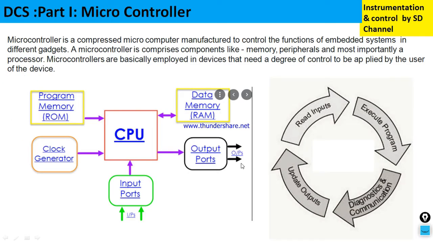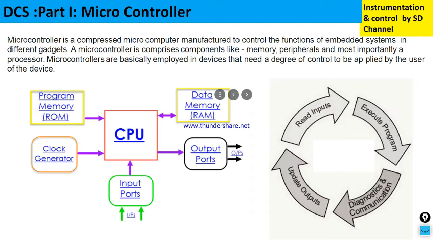Before starting the DCS, you need to understand what a microcontroller is. I think we have already studied what a microcontroller is in your subject. It has mainly several parts: the CPU, central processing unit, which is made by the processor, and the memory part.